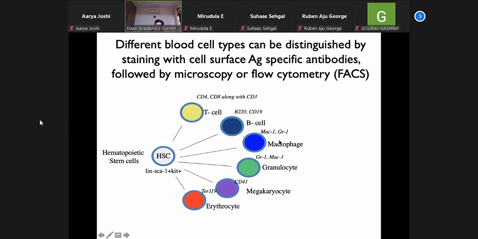Macrophages express more of Mac-1 and less of Gr-1, and reverse for the granulocytes. Megakaryocytes express this CD41. They eventually give rise to platelets, and erythrocytes are identified based on the expression of this molecule that we call Ter119.